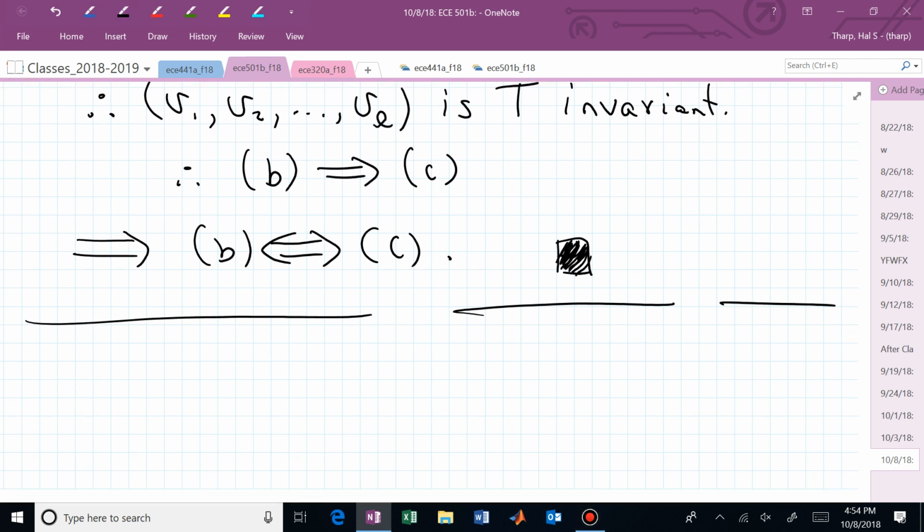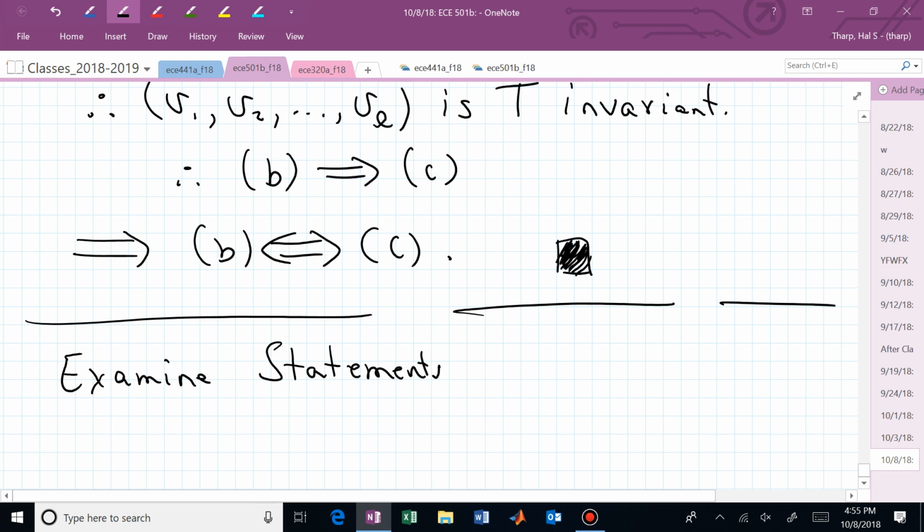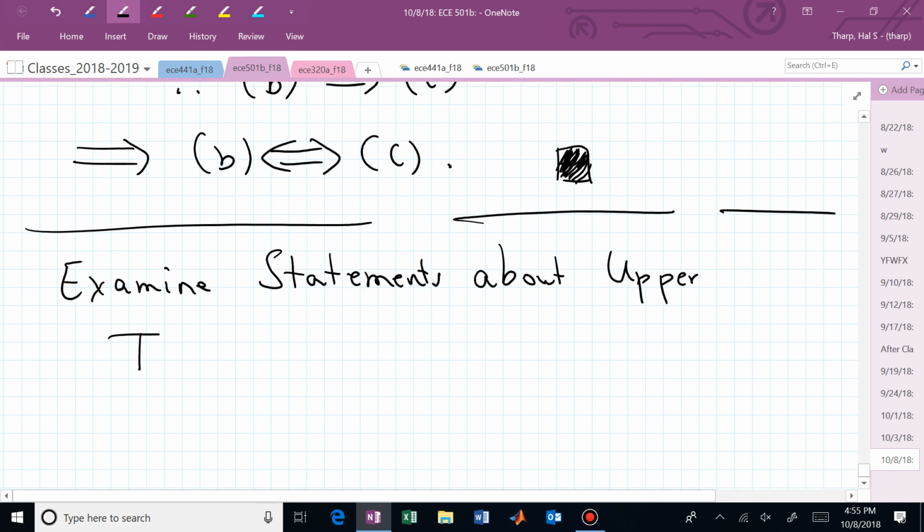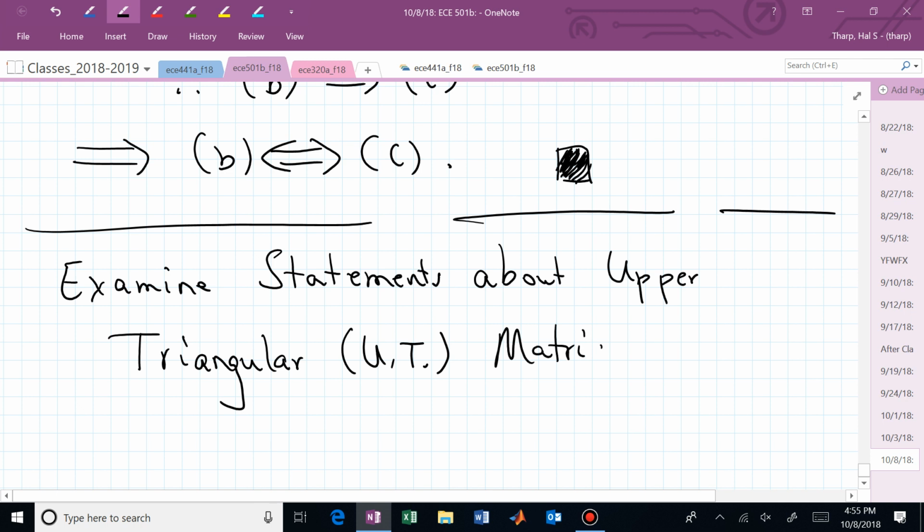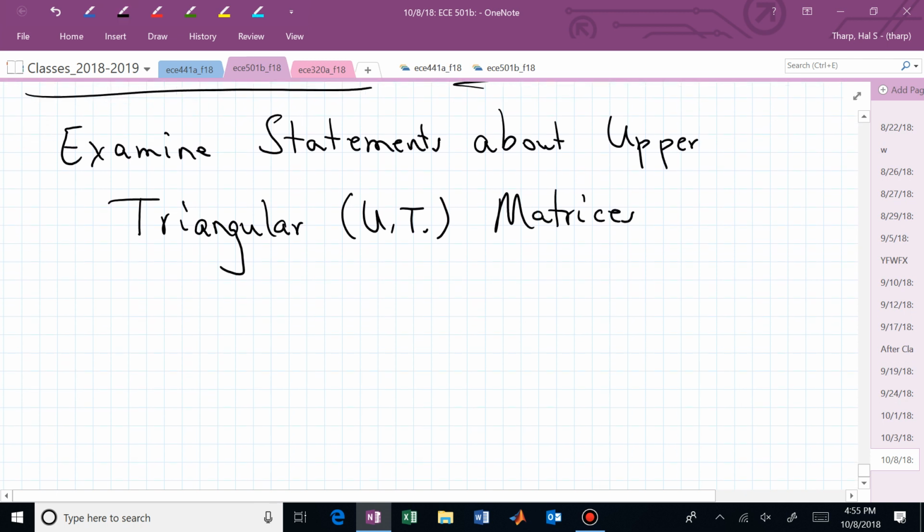Let's now look at some statements about upper triangular matrices, and we're not going to spend time showing those. Let's just refer to the textbook for their proof.